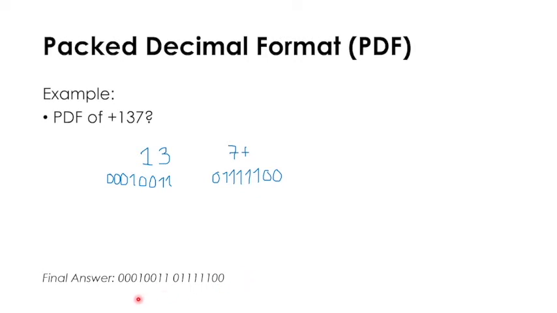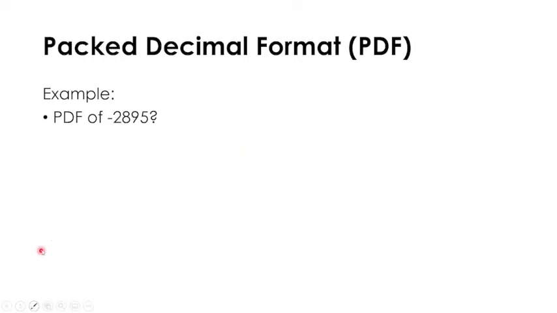Let's try another example. What is the PDF of negative 2895? So again, we have 5, the last digit together with the sign, which is negative. And then we group 2 digits, 8 and 9. And then we have 2.